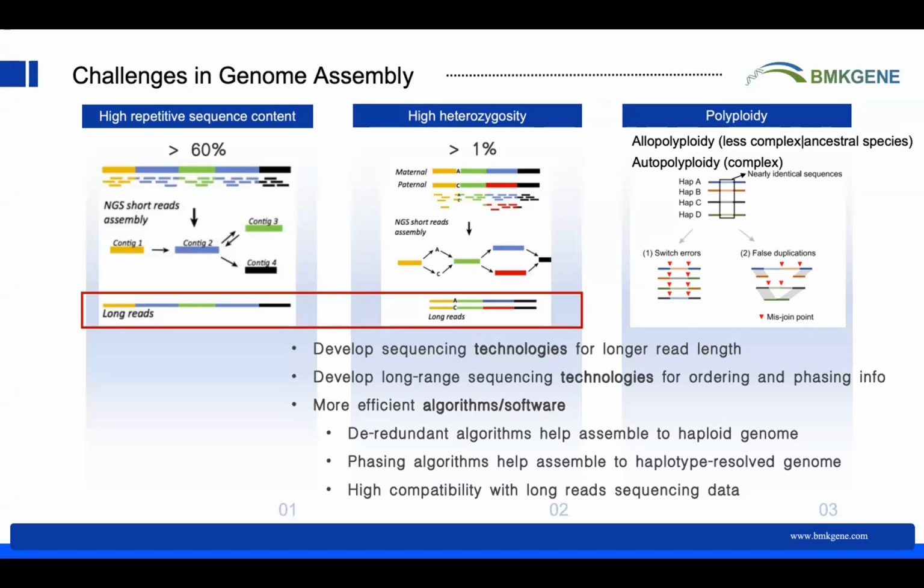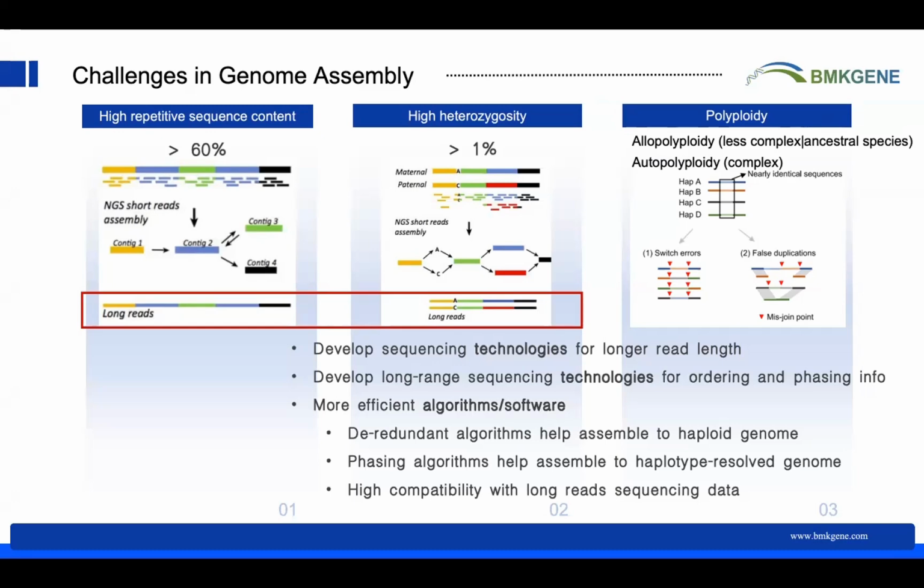If a species has 60% or more repetitive sequence content, we would say it's a very complex genome to be assembled.